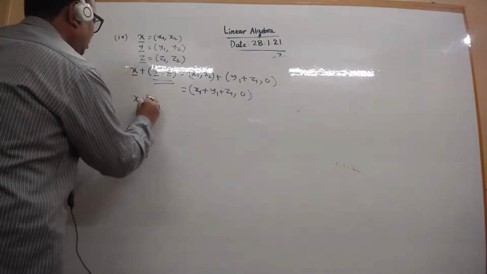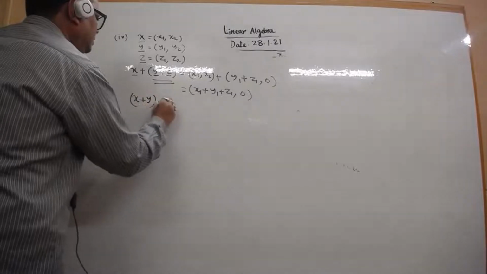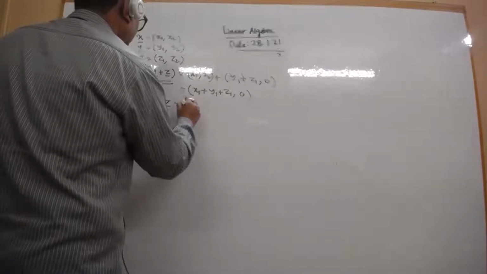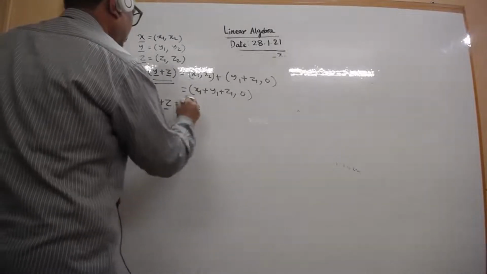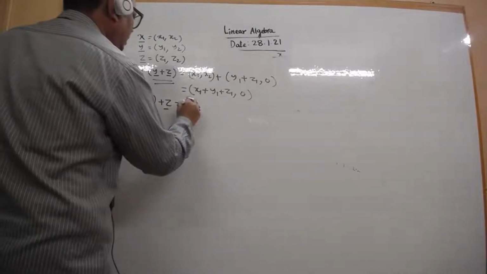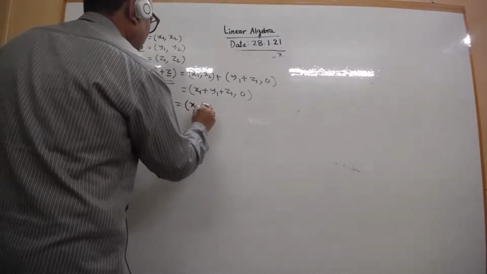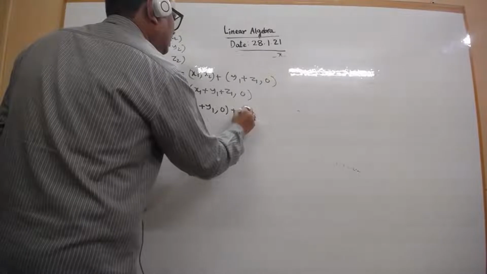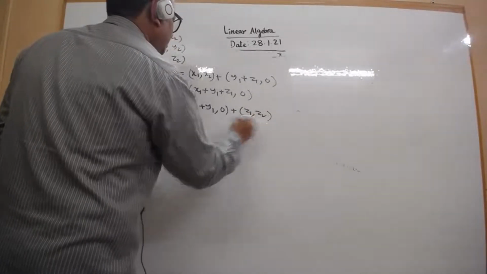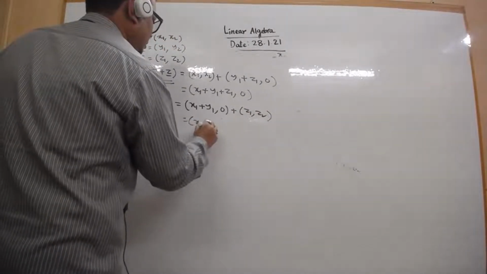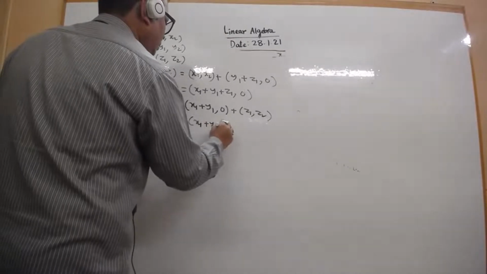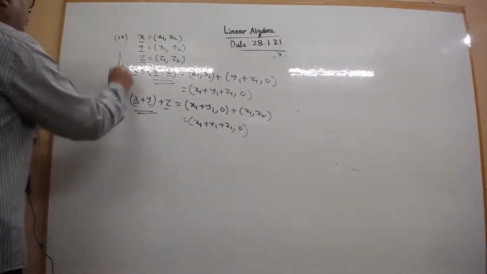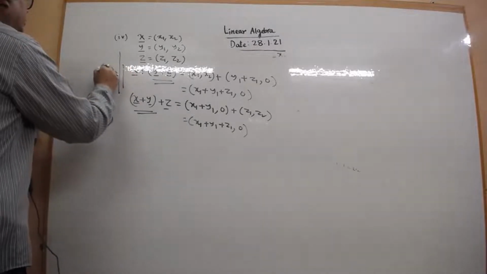Next, x plus y plus z: first x curl plus y curl gives (x1 plus y1, 0) plus (z1, z2). So again you get (x1 plus y1 plus z1, 0). Hence the associativity property holds.